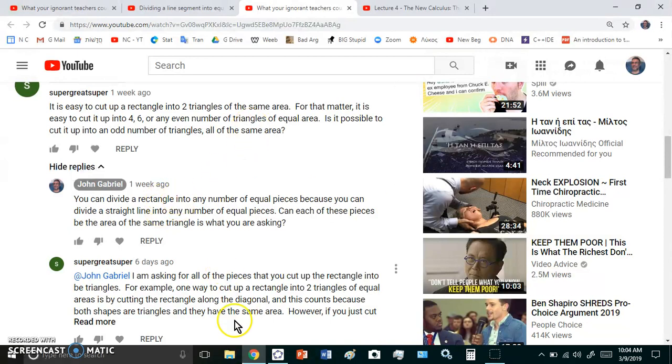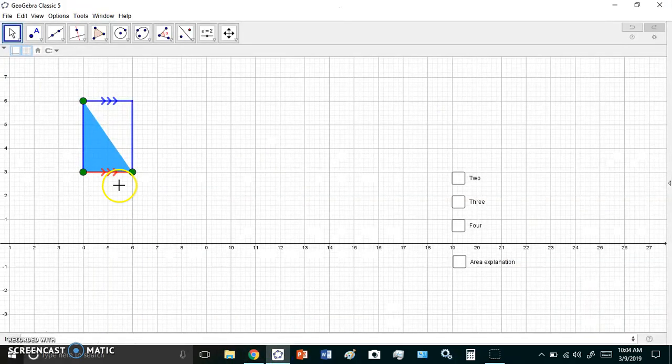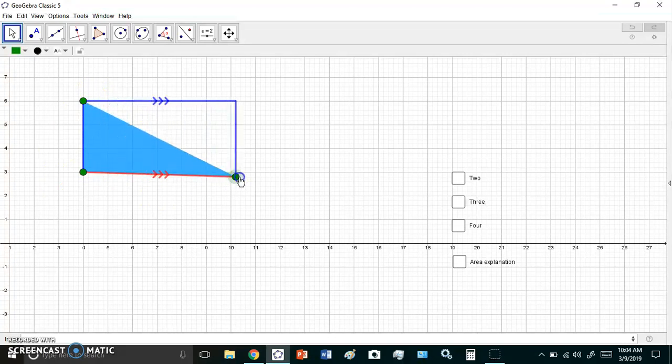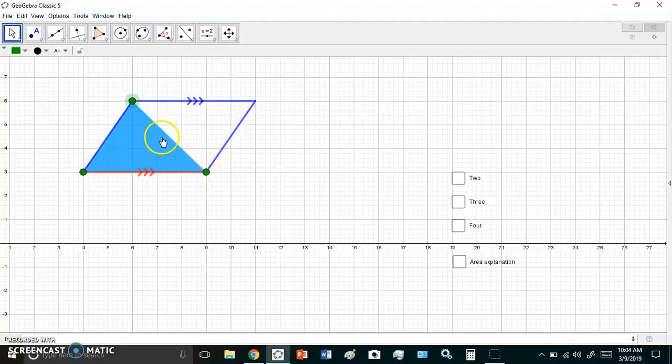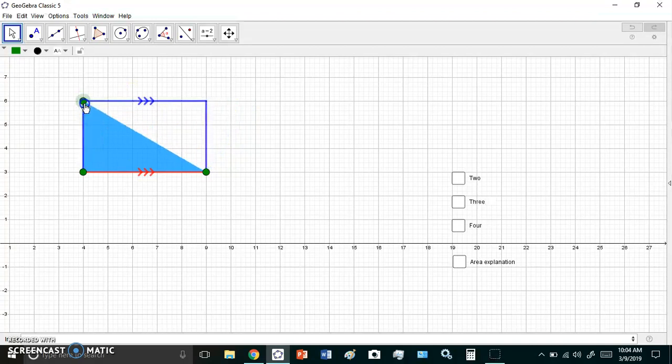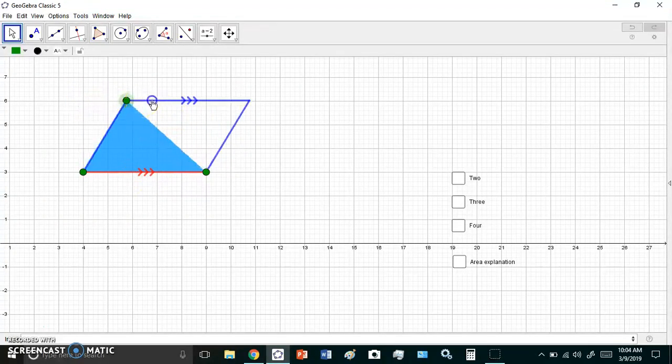Okay, so what does that mean? Right, let's see very quickly. If you just have one rectangle like this, it doesn't matter what rectangle you have, even a parallelogram, there will always be a triangle that is half its area. So in between any two parallel lines on the same base, this area is always the same.